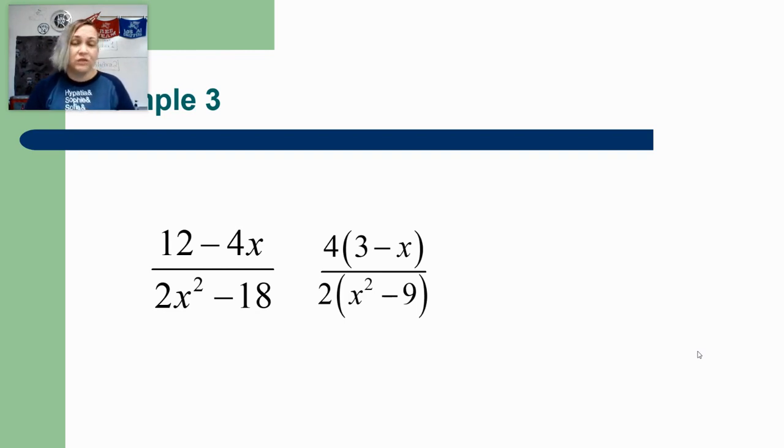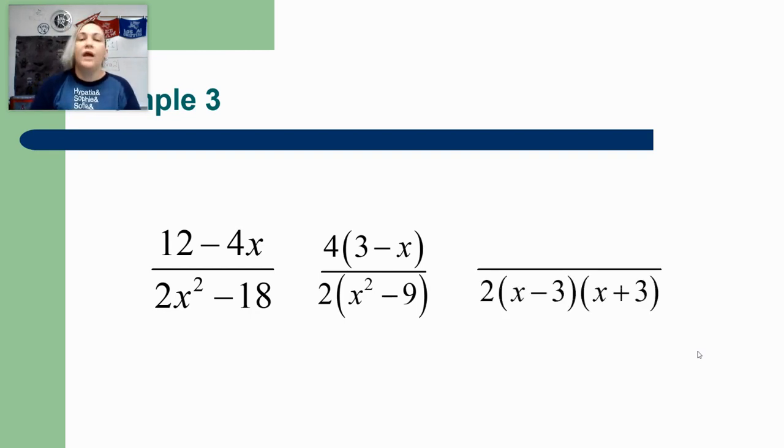When you factor a difference of squares, you get 2 parentheses. You're going to square root both terms, and you'll put one with a plus in the middle and one with a minus in the middle. And it doesn't matter what order you put them in. So now I have factored the top and bottom completely. I can't factor them anymore.